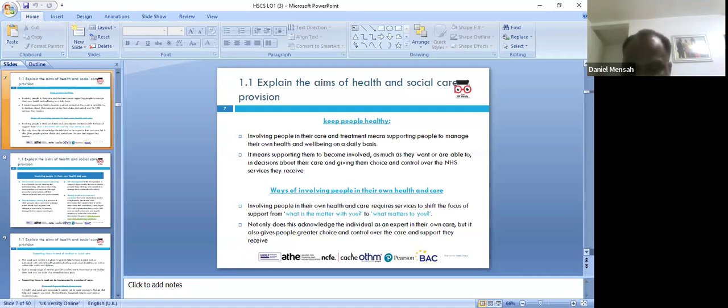Therefore, you have to make sure that you are complying with their person-centered care. The patients have the choice. The service users have choices, and you have to ensure that their choices are factored in when you are taking care of them. The choices are very key. Make sure that whatever you're doing, they have consented. If for any reason they decline what is best practice, you cannot force them.